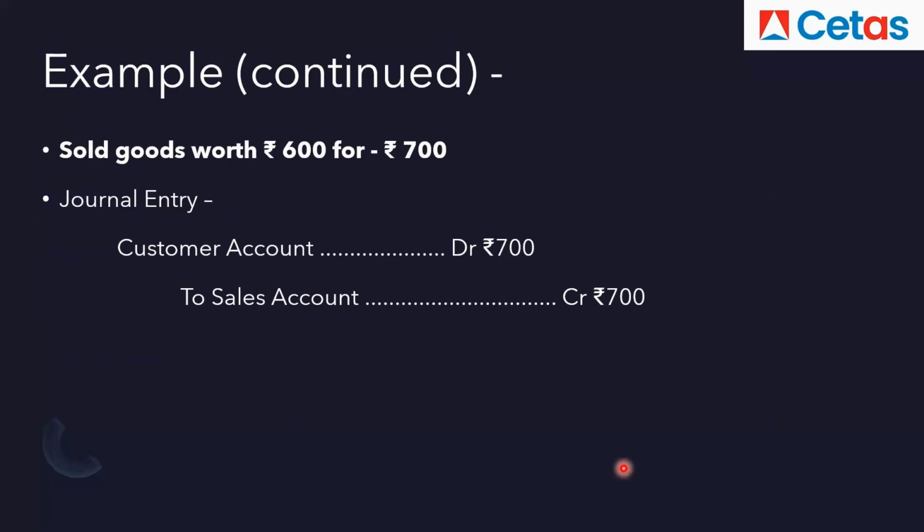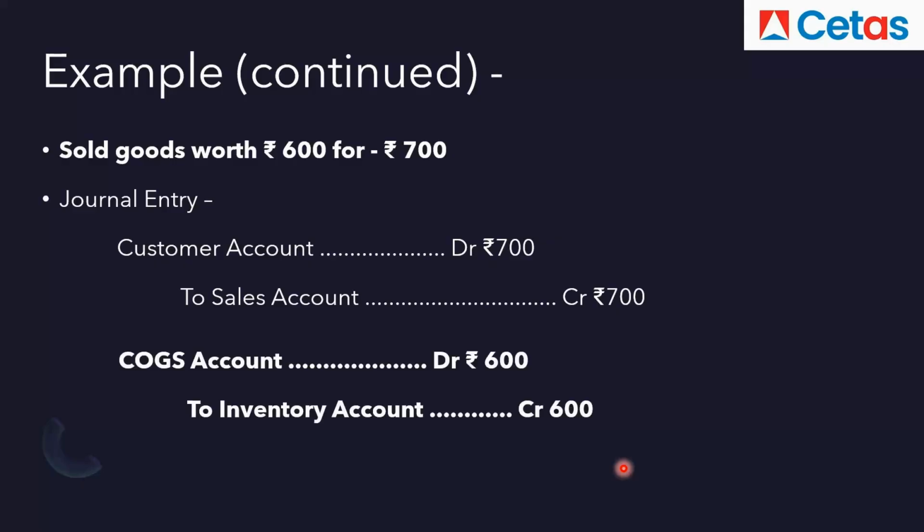Coming to the sales. Now, we are selling a part of the goods purchased worth rupees 600 for rupees 700. When you post the sales invoice, BC performs two simultaneous postings. First is customer account debit rupees 700 to sales account credited by rupees 700, and COGS account debit rupees 600 to inventory account credited by rupees 600.